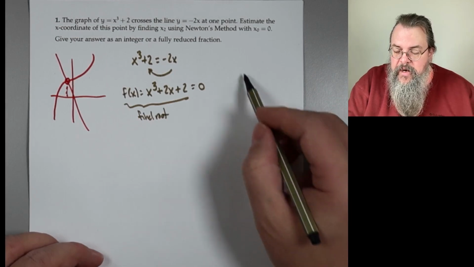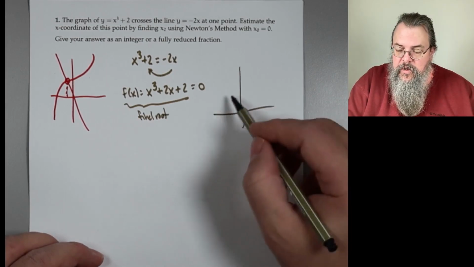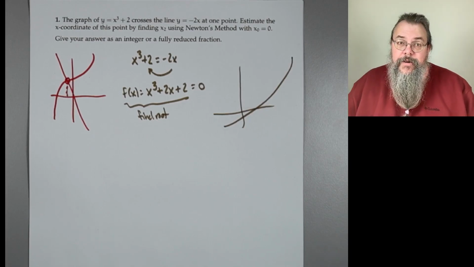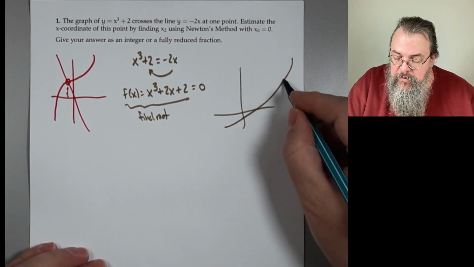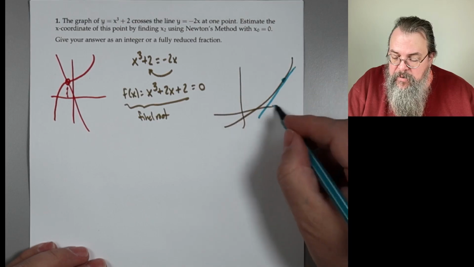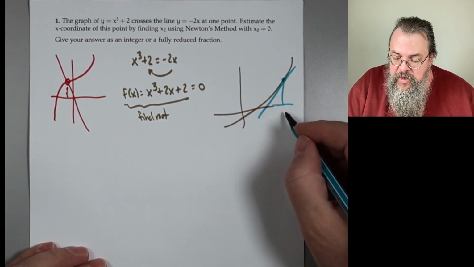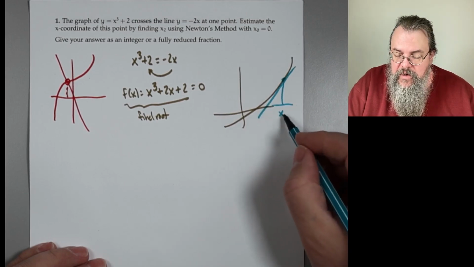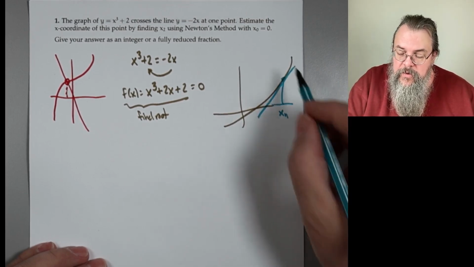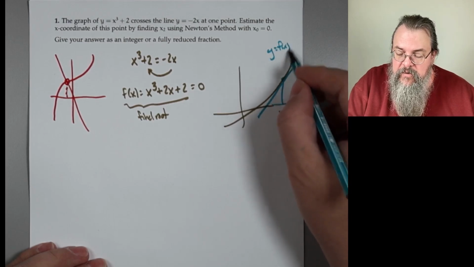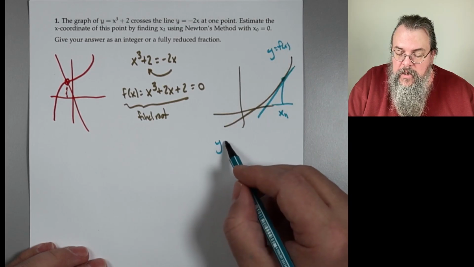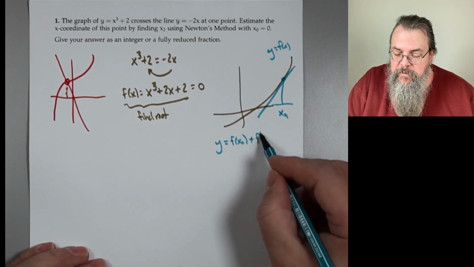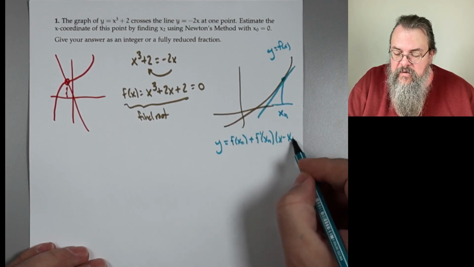Now, quick reminder, how does Newton's method work? Well, it says, hey, if you're looking for a root, then make a guess. And you're probably wrong. That's okay, most guesses are. But what you can do is you can make a better guess. So if here's our initial guess, follow the tangent line down to your next guess. So if this is your guess xn, then if you have your function y equals f of x, your tangent line is y is equal to f of xn plus f prime of xn times x minus xn.